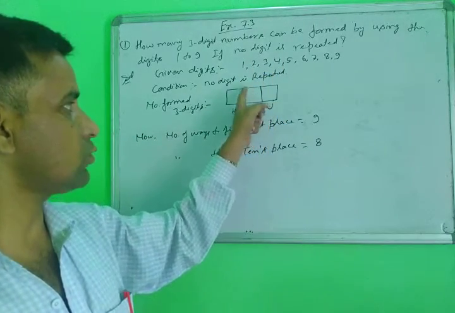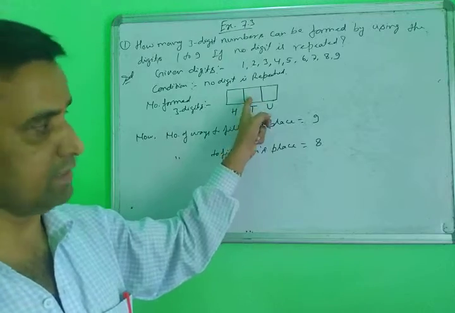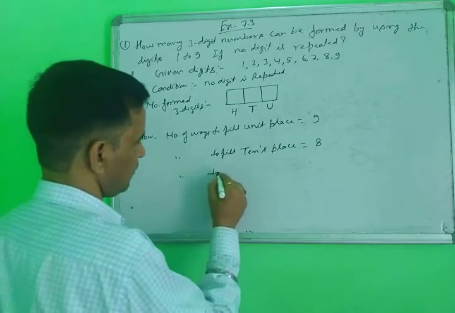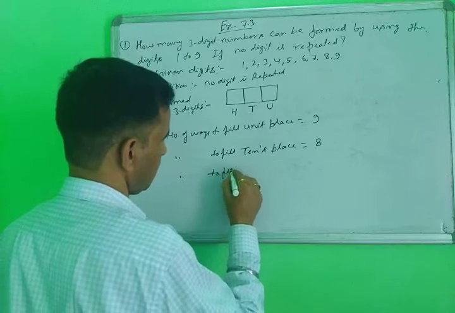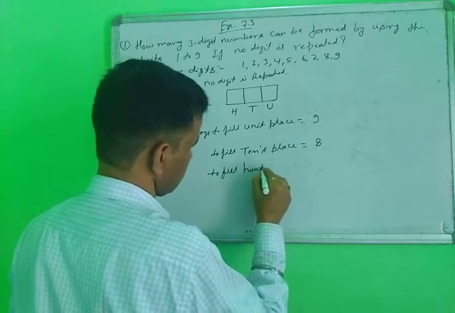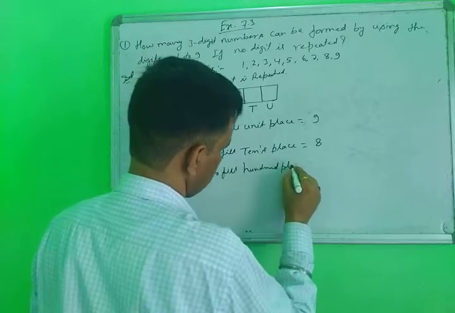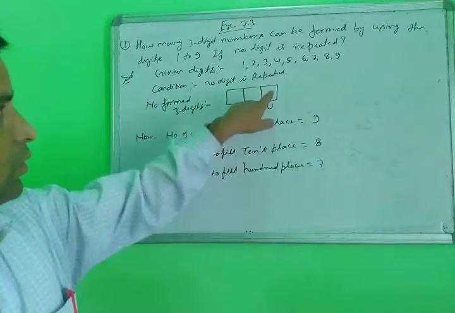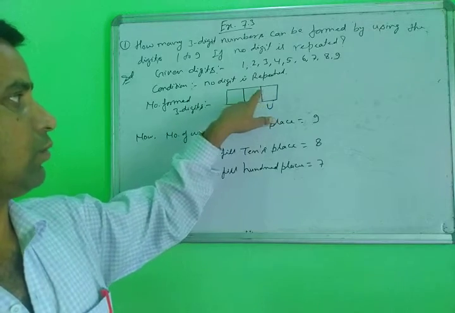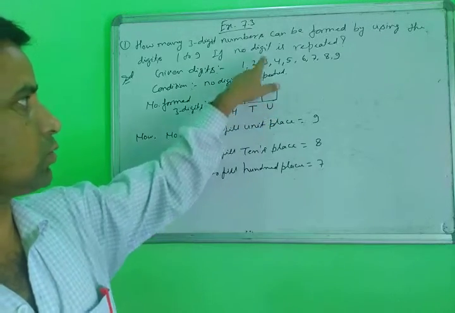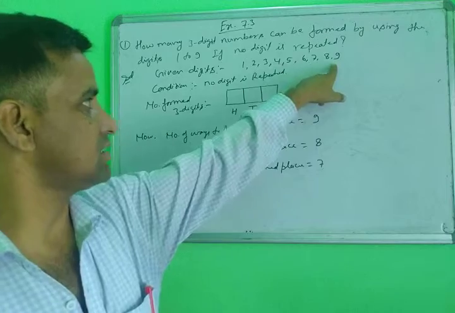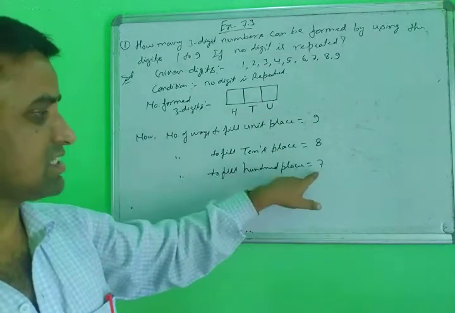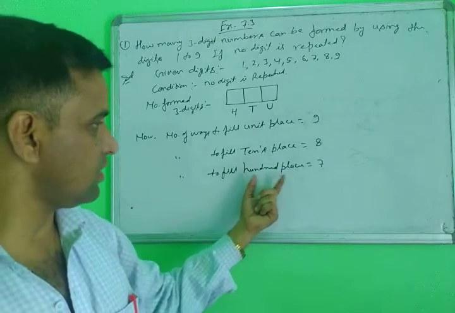Then you can figure the total choice to fill here is 8 ways. Next, the number of ways to fill the hundred place equals 7, because one digit is used, a second digit is used, out of the total 9 digits. How many are left to fill the hundred place? Only 7. So you will write 7 here.